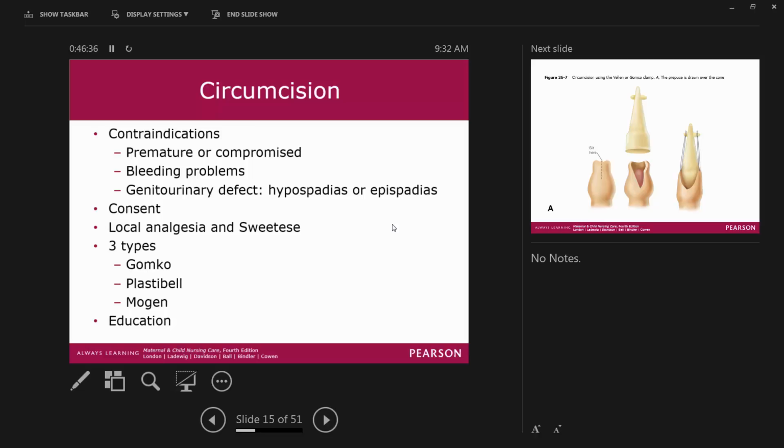Okay, they can inject on the top surface, and that numbs the top of the penis and a little bit on the sides, but it doesn't numb this part right here, this bottom part. Okay, and then we give Sweeties. Sweeties is a high fructose solution that kind of attaches itself to the pain receptors, kind of like morphine does. I mean, it doesn't act like morphine, but it puts them in a euphoric state.